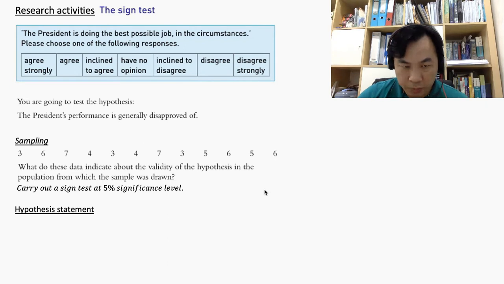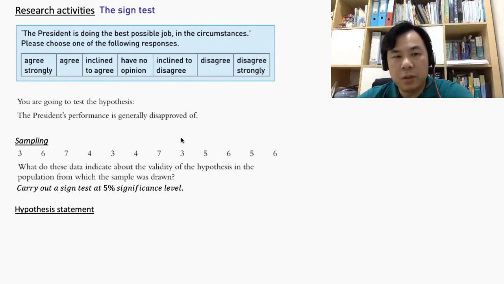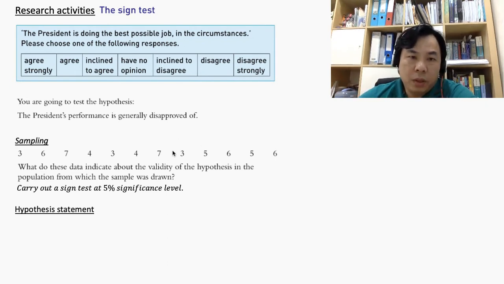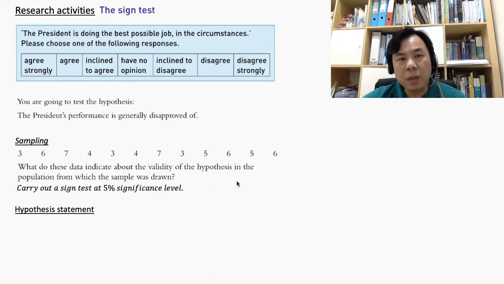So we have 12 responses here, but of the 12, 4 of them do not really have any opinion. 4 is considered the center of the data itself.